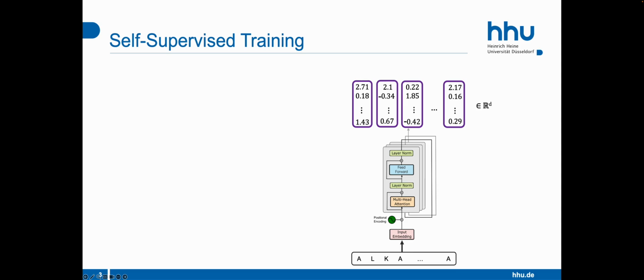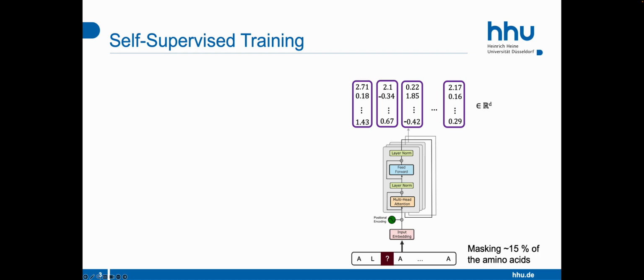If we want to train the encoder in a self-supervised way, we can train it for the following task. We can randomly mask some of the amino acids in the input sequence, let's say about 15% of all amino acids. This means, for example, that we do not let the model know what type of amino acid we have in the third position.